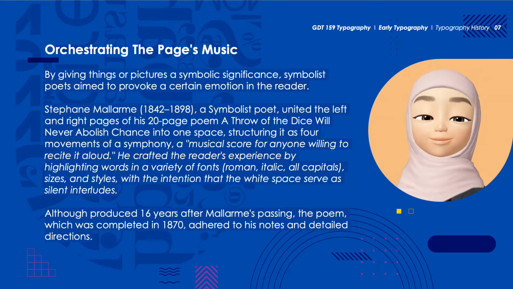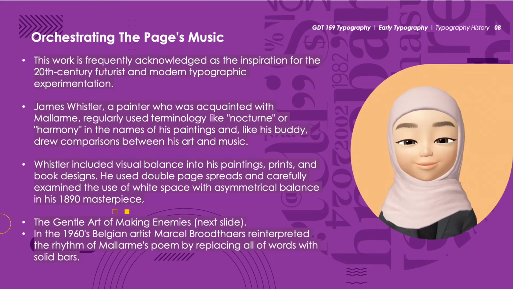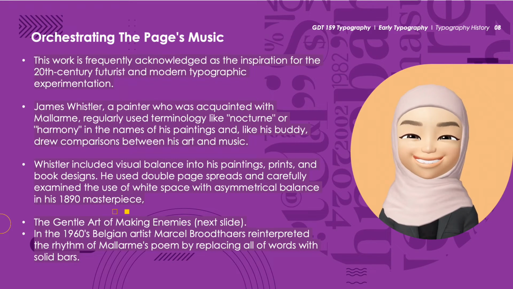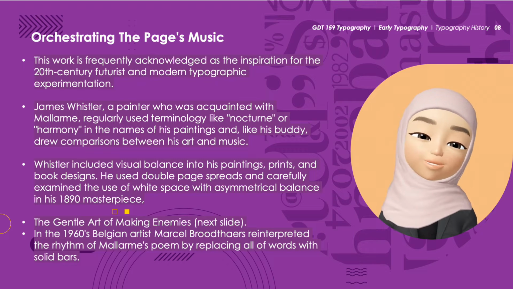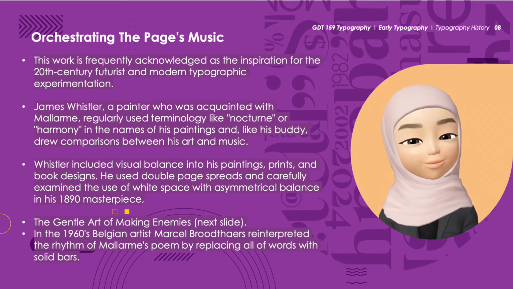He crafted the reader experience by highlighting words in a variety of fonts, Roman, italic, all capitals, size and style, with the intention that the white space serve as a silent interlude. This work is frequently acknowledged as the inspiration for the 20th century futurist and modern typography experimentation.